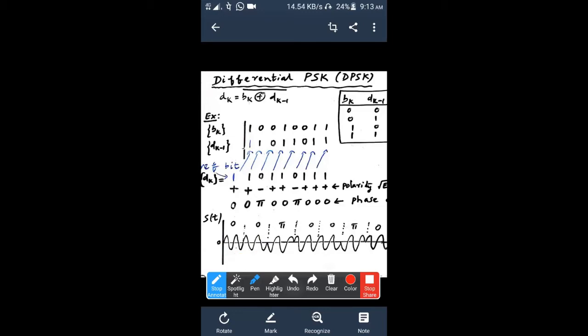Next, the third waveform is inverted with respect to the second waveform. See this inversion here, a 180 degree phase shift. This inversion says that the bit transmitted was 0.